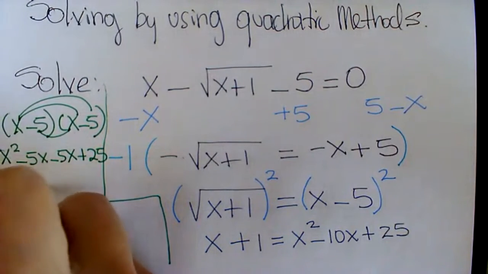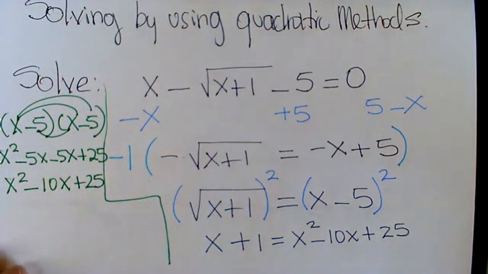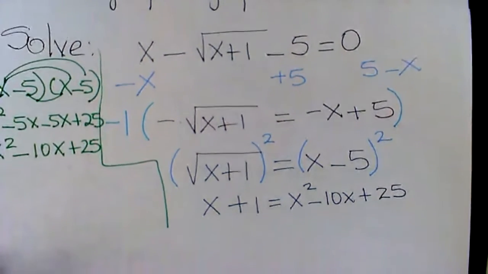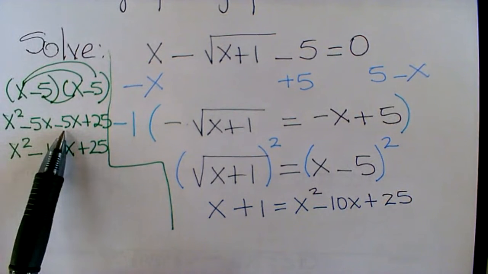So I have x squared minus 10x plus 25. Okay? You guys remember this, huh?